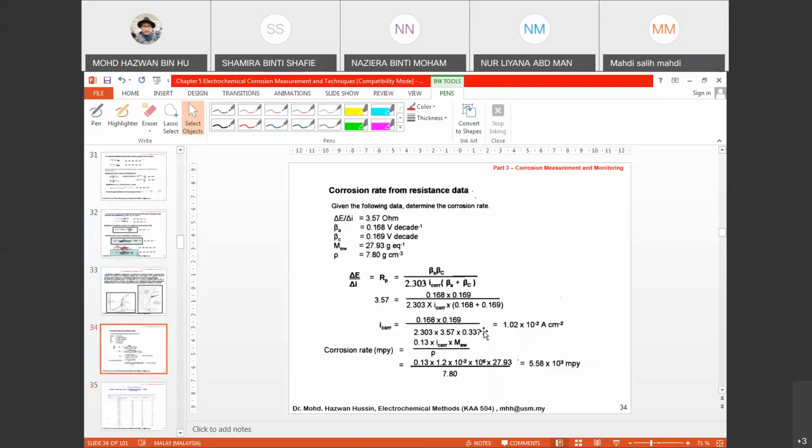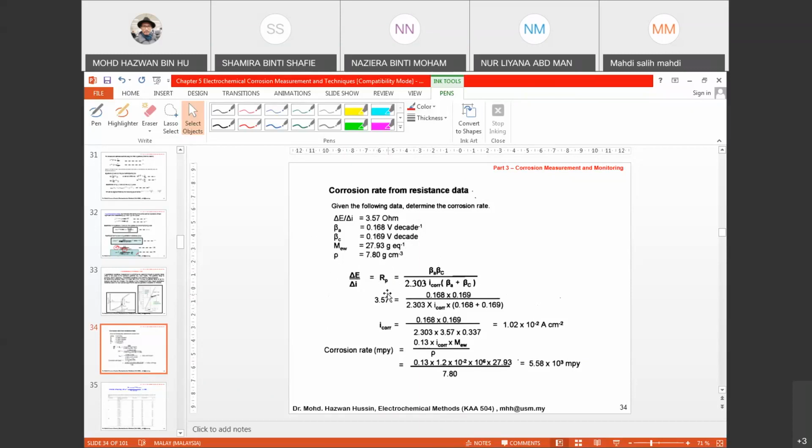Right. So here is an example to show how you can calculate what you obtain from the linear polarization method. You will get a value of RP, you will get beta A and beta C, and the others are factors that you already know, the equivalent weight of steel and the density of steel. By applying the formula, you can calculate the I corr value.